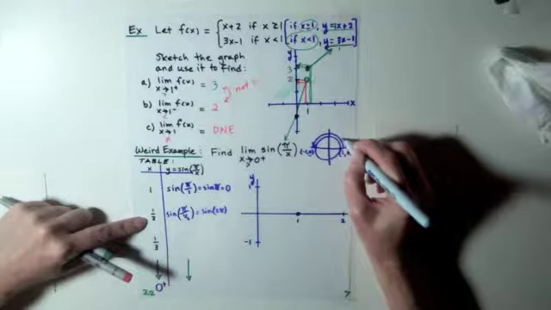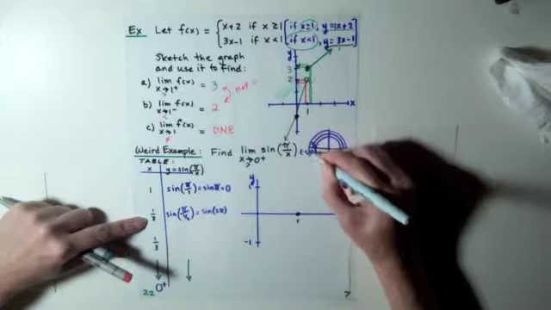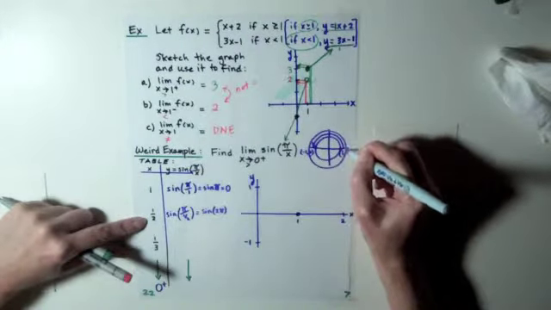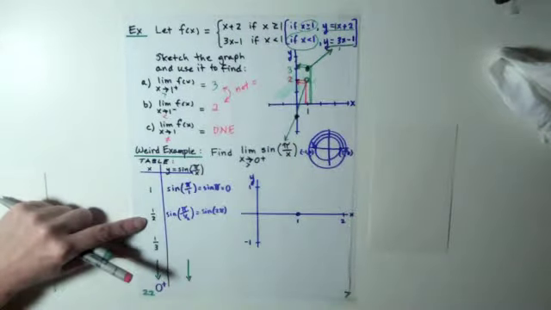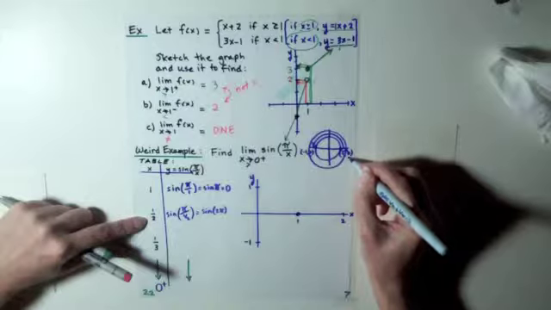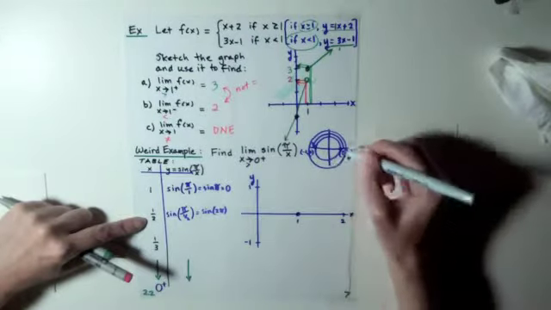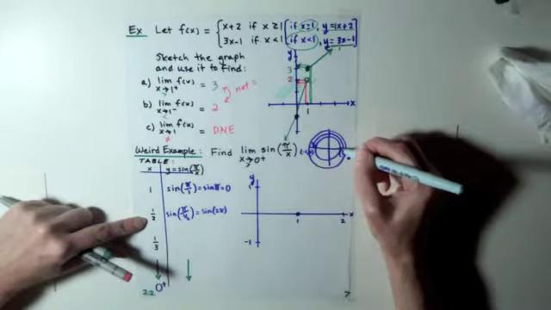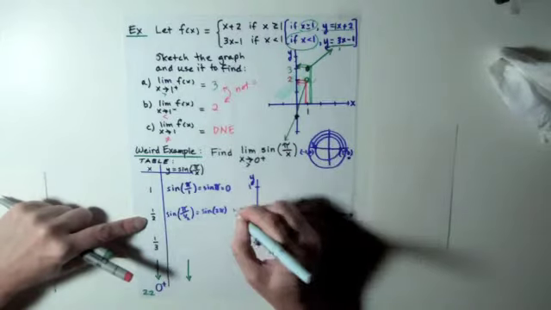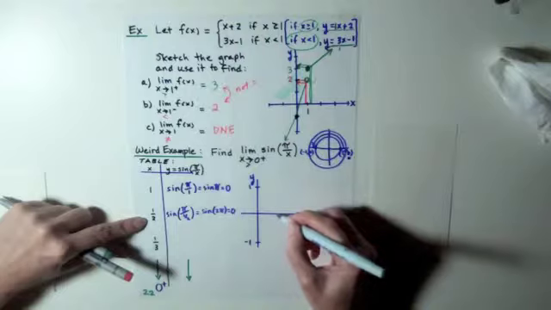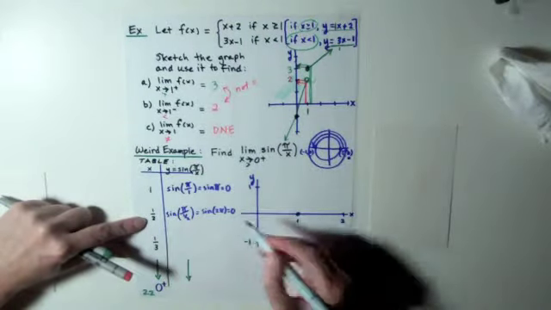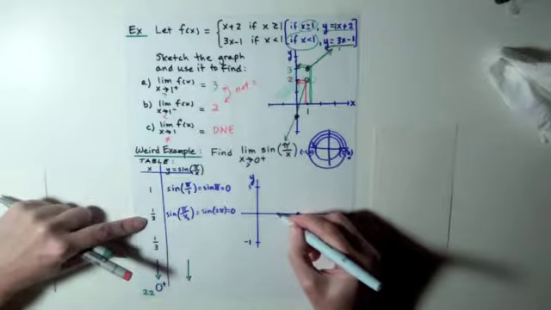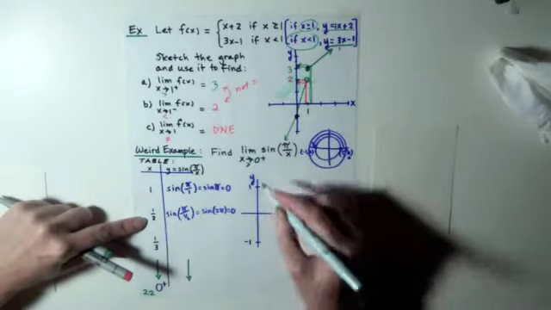And notice sine of 360 degrees would be an angle that terminates right here. And so, since I'm doing sine, I would look again at the y-coordinate of my point on the unit circle, and sine of 2 pi is again equal to 0. So when I plug a half in for x on my graph here, I get an output value of 0. That would be this point on my xy graph.